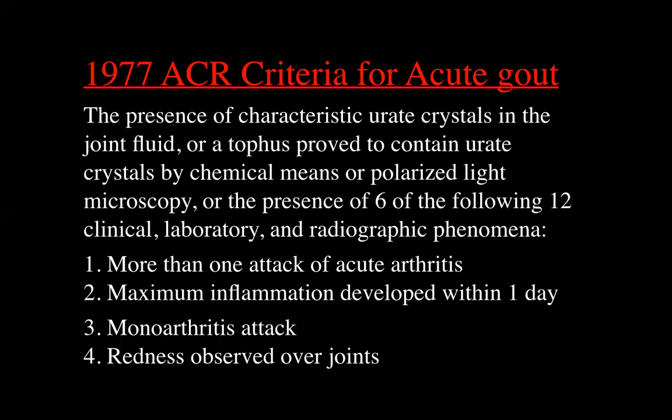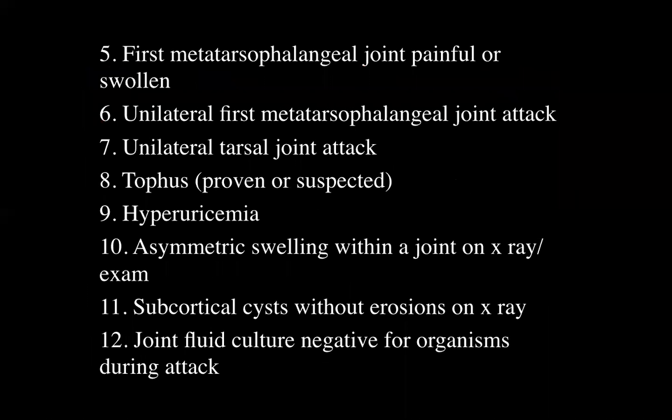First, more than one attack of acute arthritis. Second, maximum inflammation developed within 1 day. Third, monoarticular attack. Four, redness observed over joint. Five, first metatarsophalangeal joint painful or swollen.